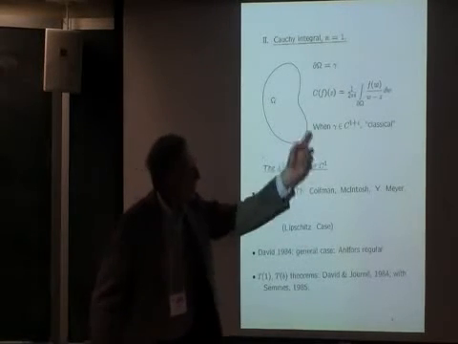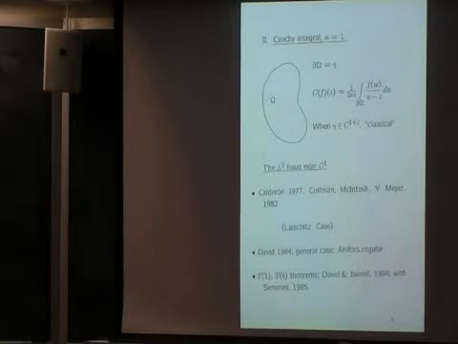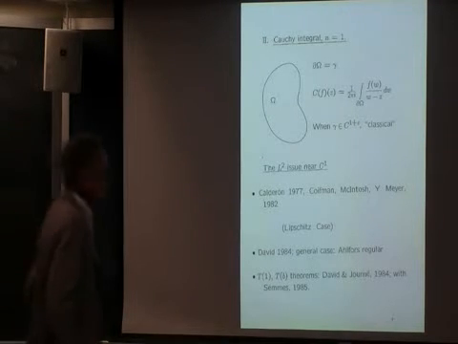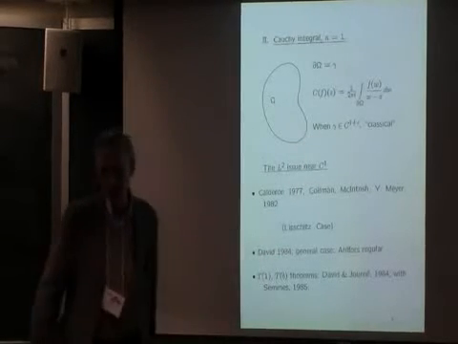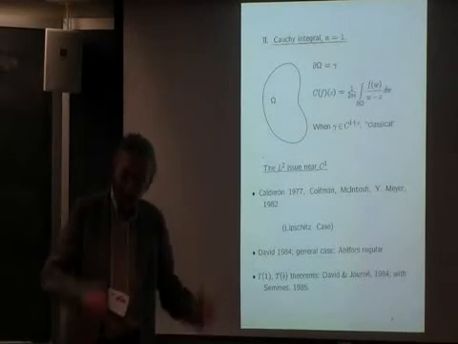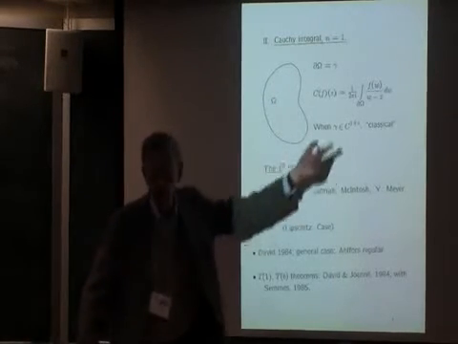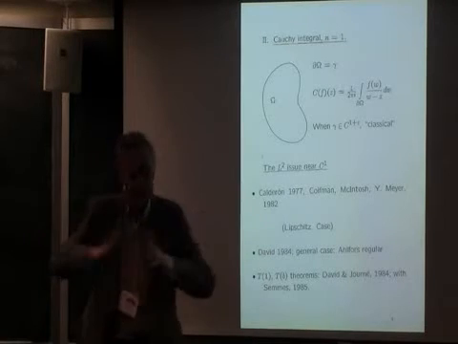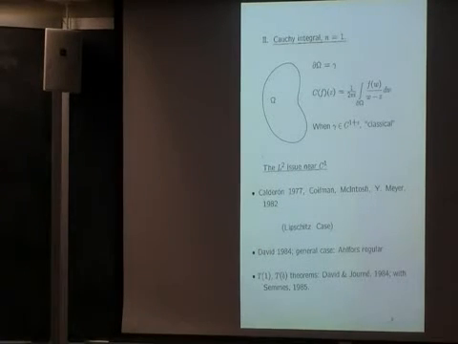Now, if you do it for a smooth curve, and smooth here means anything a little better than one degree of differentiability, then you can do either of two things. Either you can redo the theory more or less as it is, or you can approximate the Cauchy integral on the curve by the right kind of approximation back to the Hilbert transform.